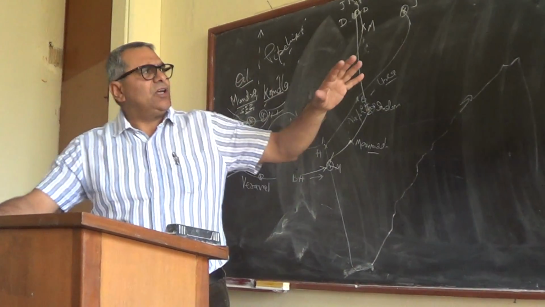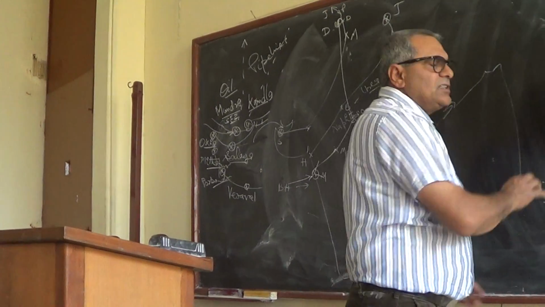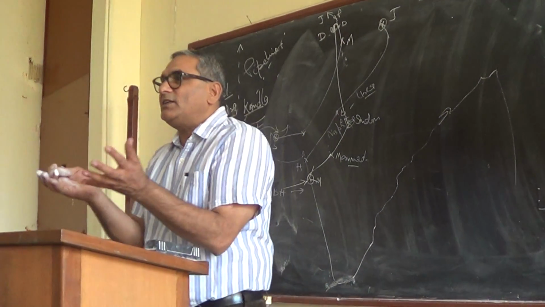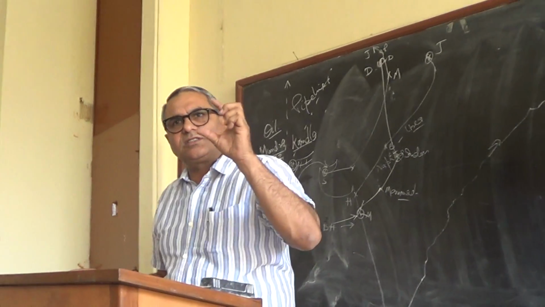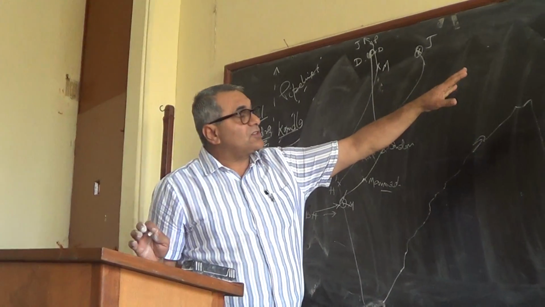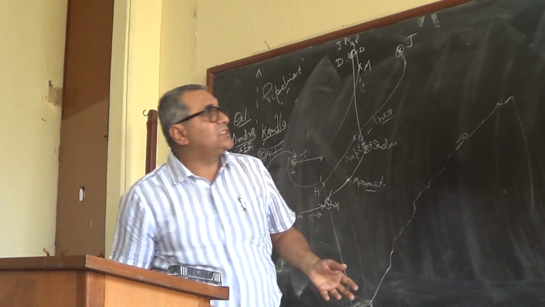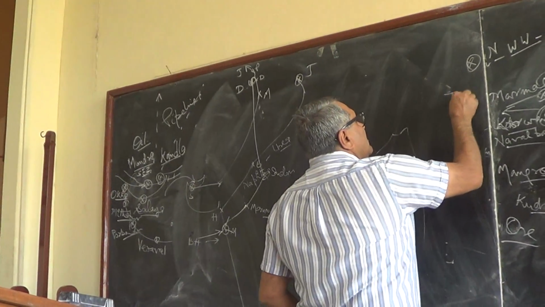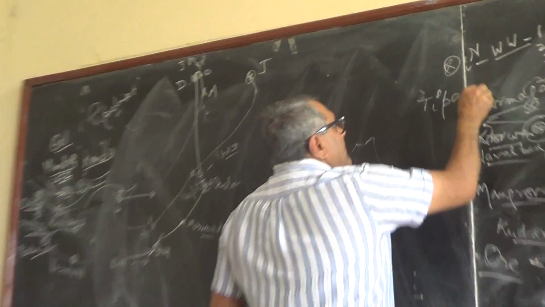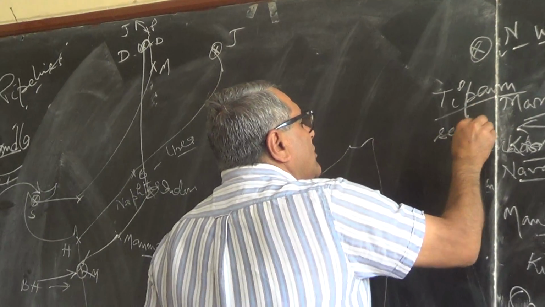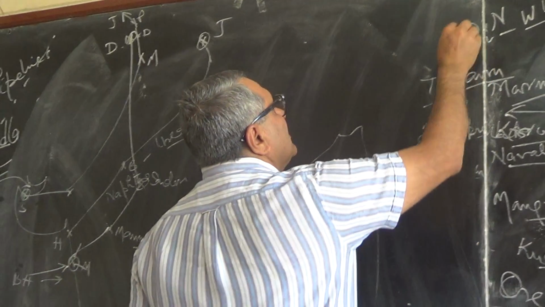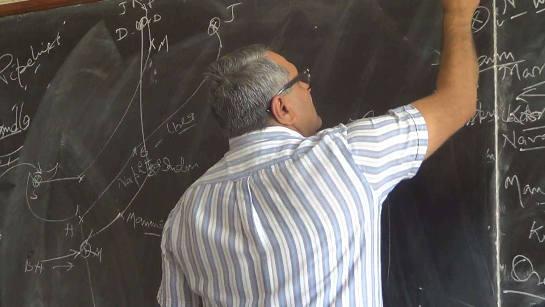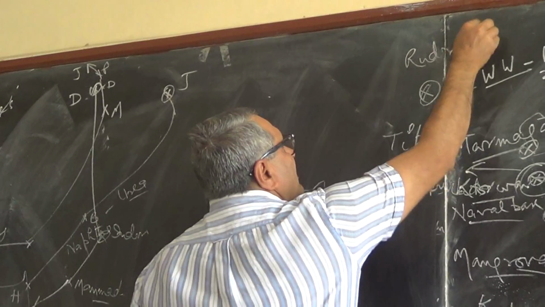There are so many oil fields, because this petroleum is always found in sedimentary rocks, either limestone or sandstone. Basically this bedrock is called Tipam sedimentary sandstone. And from this sandstone there is the oil field called Rudra Sagar.